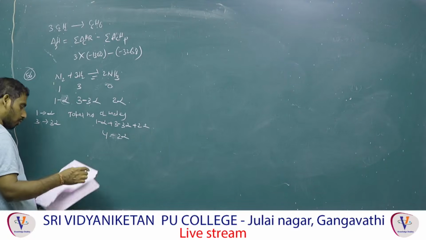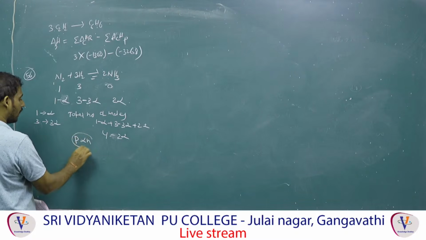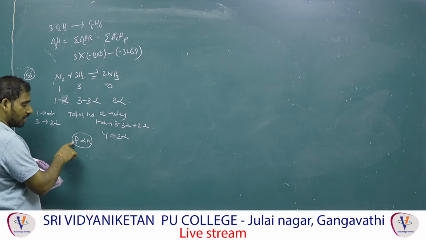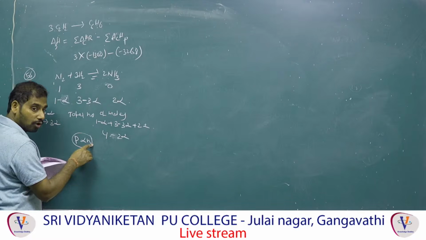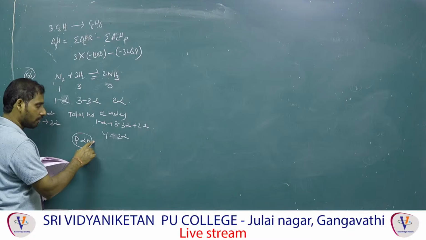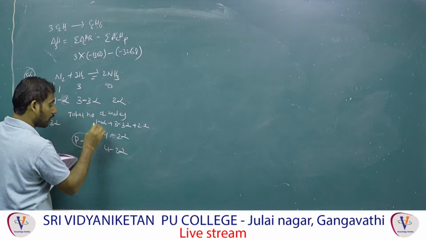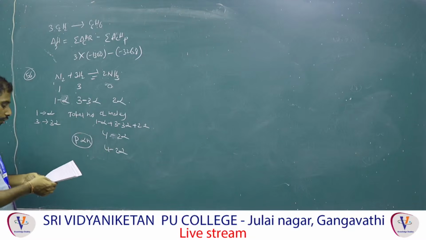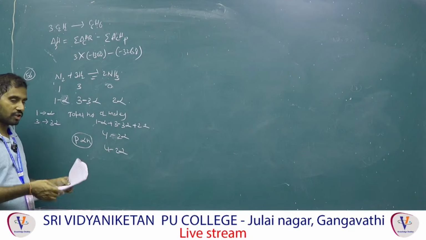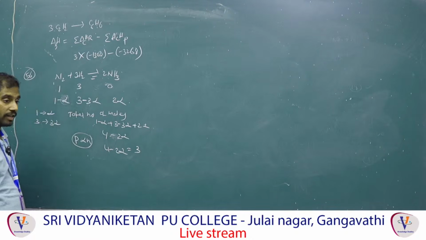We have to know that P is directly proportional to n. Pressure is directly proportional to number of moles, from PV equal to nRT. So 4 minus 2 alpha is the total number of moles at equilibrium, and 4 moles change to 3.